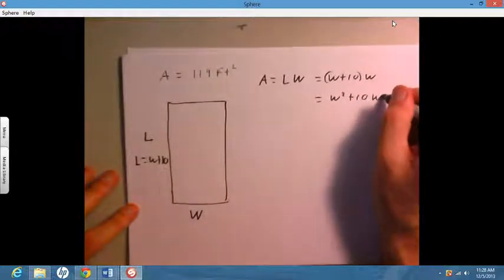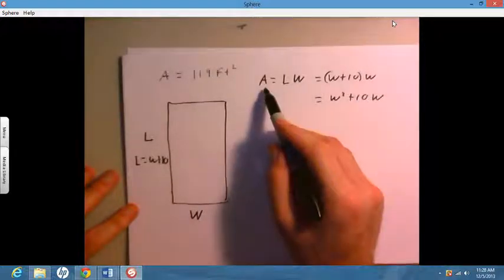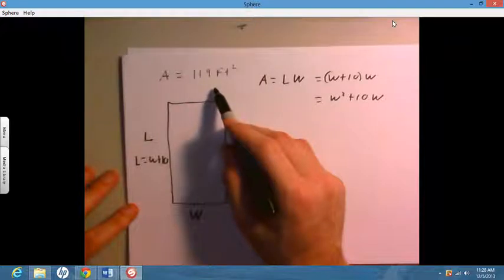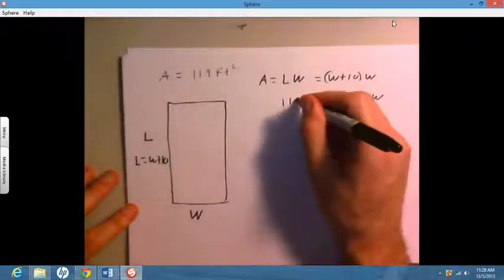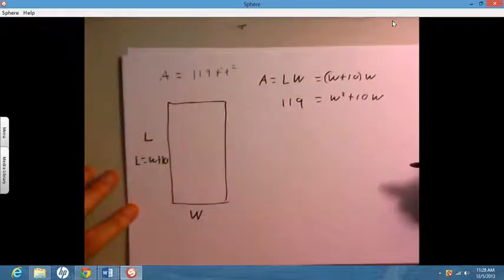But we know that A is equal to 119, so we're going to replace the A by 119. I'll just write 119, since the units are understood. So we have this equation here.